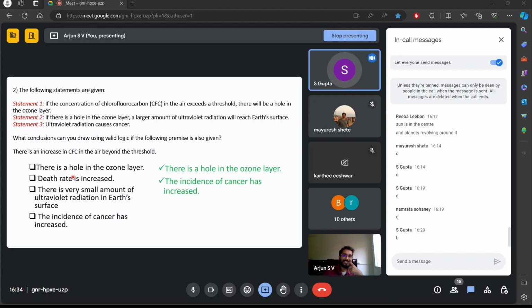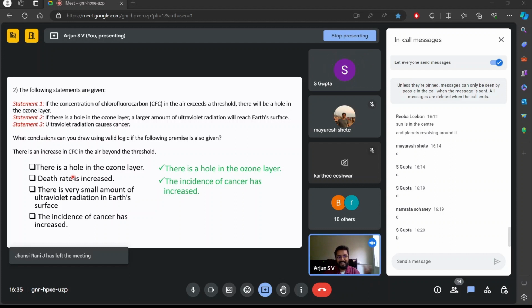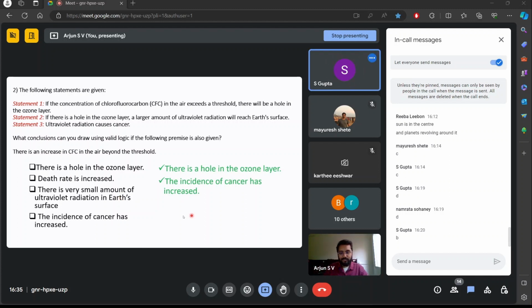You are logically correct, but here they are taking closed world assumptions: something that is given is true, and if it is not given, it is false. Death rate is actually a very closed world assumption, so we should not be taking it. Thank you, sir. Yes, sure. One second, I'll just.